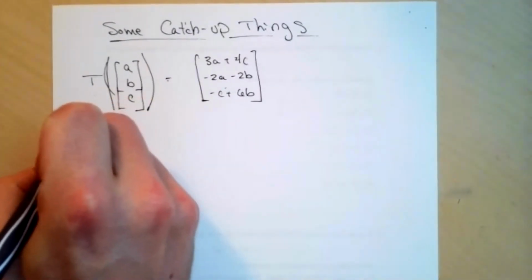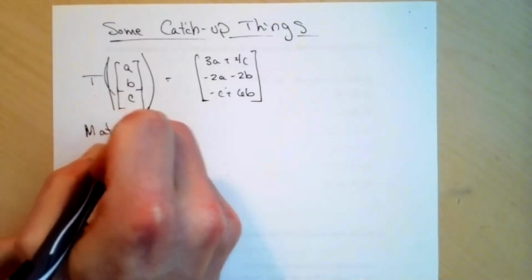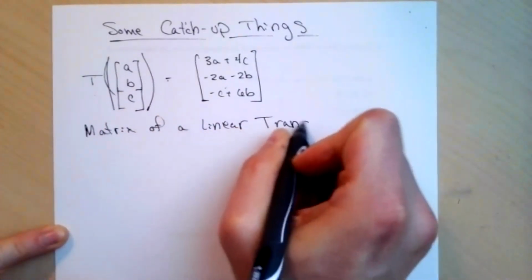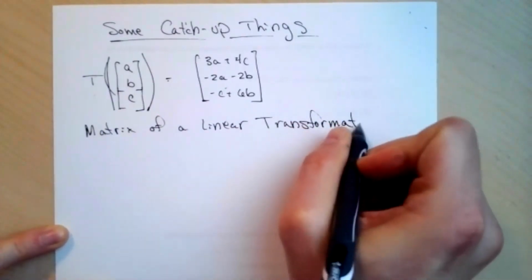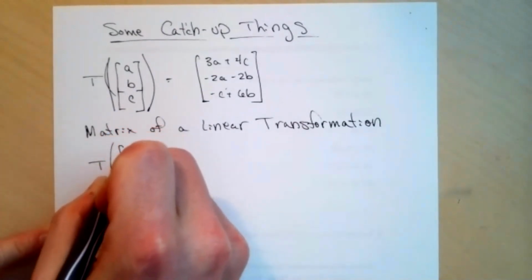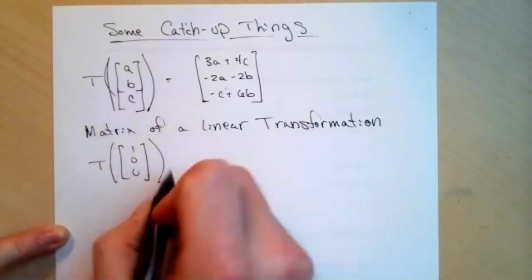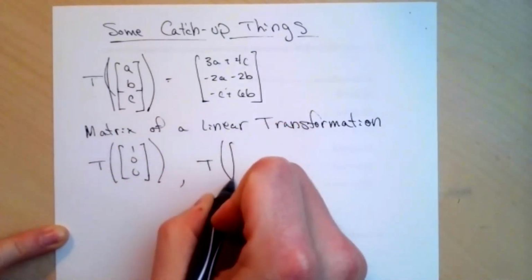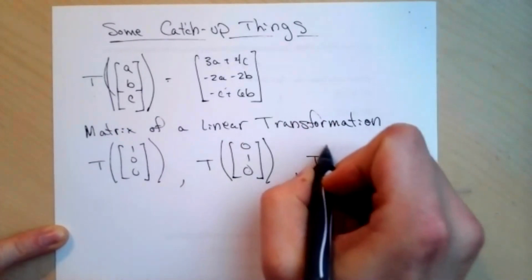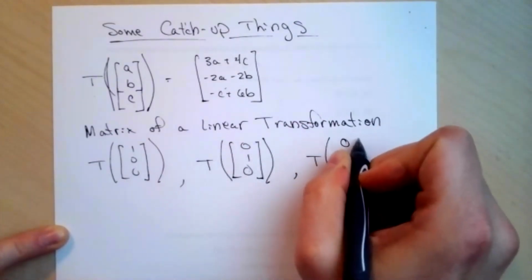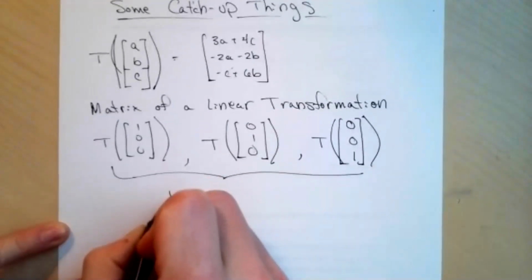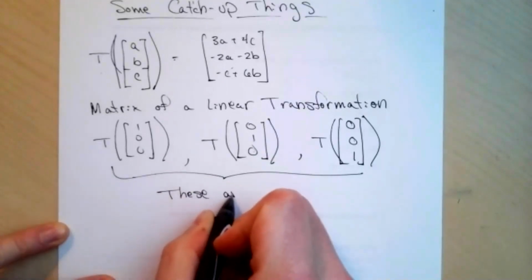So let's just actually say this. To find the matrix of a linear transformation, we find the image of our standard basis elements, and then these are the columns.